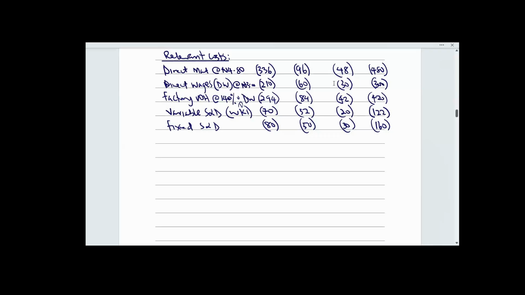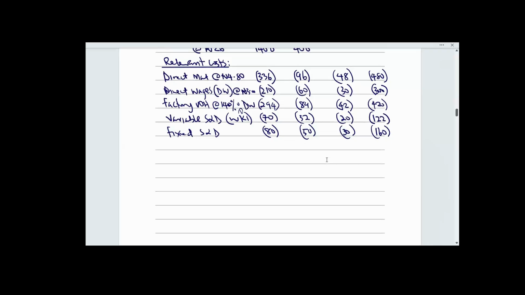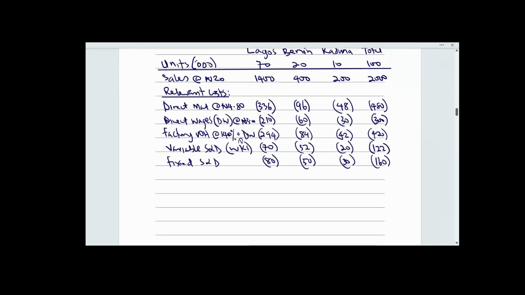Okay, so let's go back to the question. Any other relevant costs? So from the budgets for the business prepared from these figures, there's no other cost again, apart from the factory fixed overhead, which we said is a general fixed overhead, not relating to any of the products.